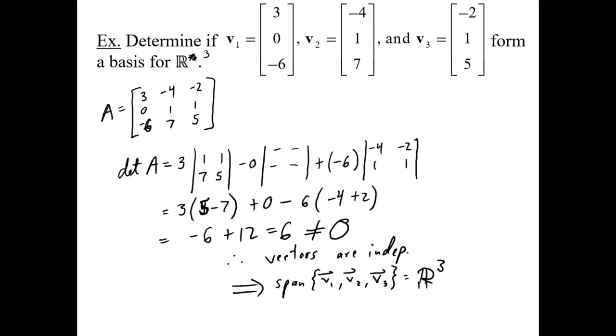If I add a v4, pick any vector you want, like 5, 1, 7, whatever, the span of those 4 vectors is still R3. The difference is it would not be a basis anymore, because by putting in that extra vector, now it's no longer independent.